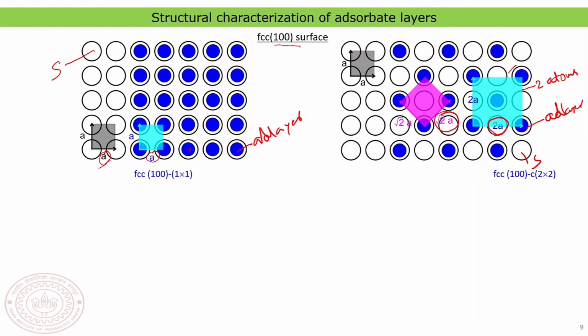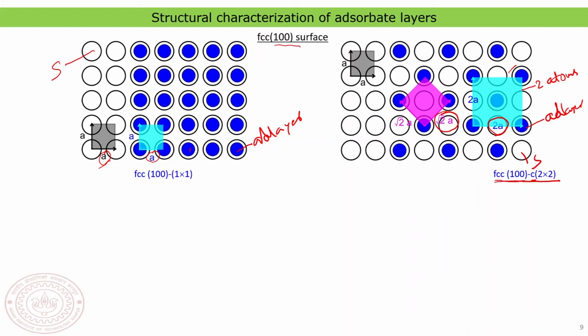So, writing down the unit cell corresponding to the blue one, I have a 2-by-2 unit cell, meaning that along both directions I need to move 2 times to find an adatom. I also need to represent that this is a centered type of cell, as you have already seen in the two-dimensional Bravais lattice, and therefore I would call it a c(2-by-2).